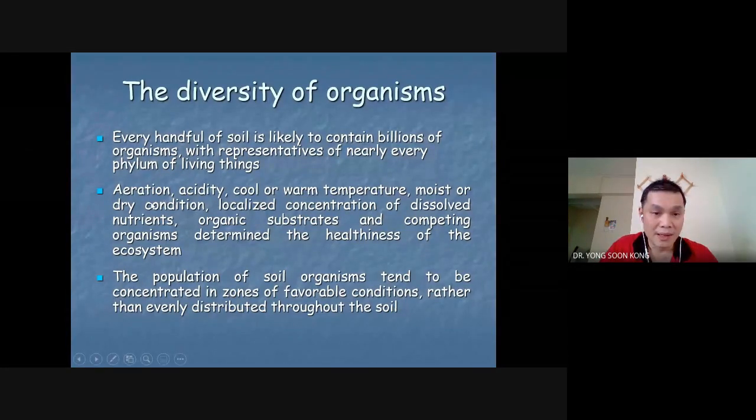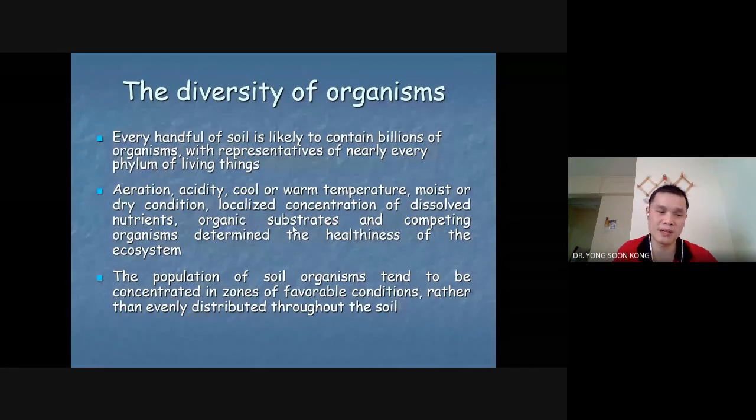Okay. Now, aeration, acidity, cool or warm temperature, moist or dry condition, localized condition. These are the conditions that determine the healthiness of the ecosystem. Now, a soil cannot exist just by mineral itself, because in the soil there is an ecosystem. Something needs to move on.